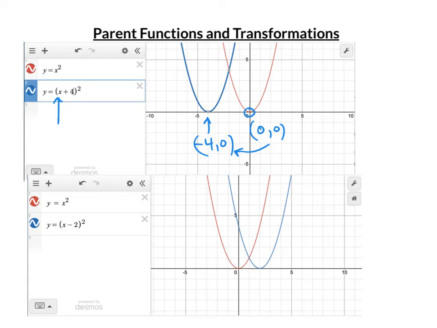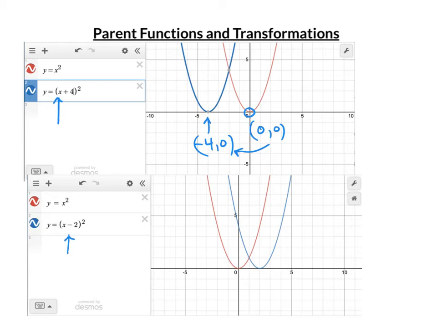Changing the x to x plus 4 doesn't move it to the right like you would think. It moves it to the left. Look at the one below. Changing x to x minus 2, x minus 2 quantity squared. So minus 2, it seems like it would go to the left, but no. Actually, the points end up moving to the right because the equation and the points, they're inverses of each other.